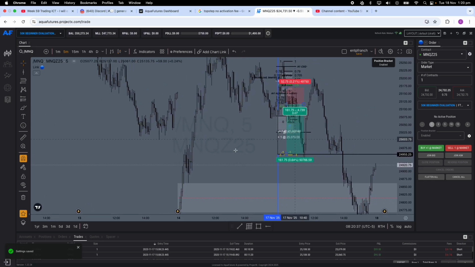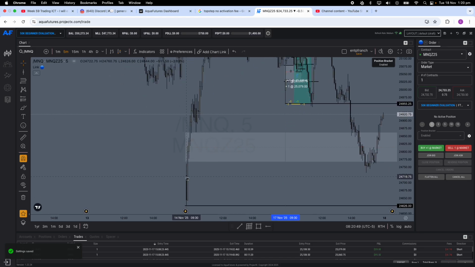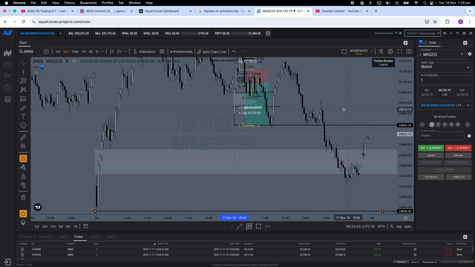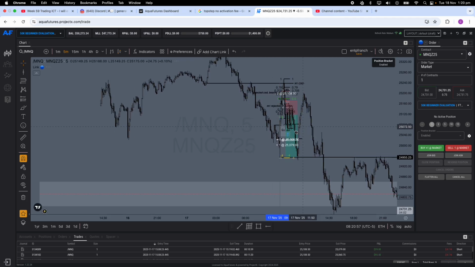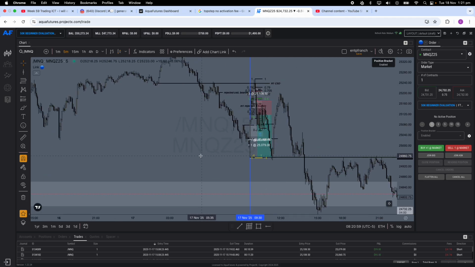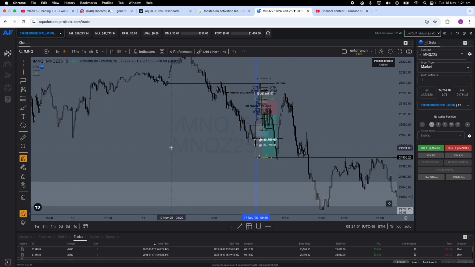Technically, this whole thing is the new week opening gap. But yeah, we swept down, took out current New York low and some sell side liquidity.